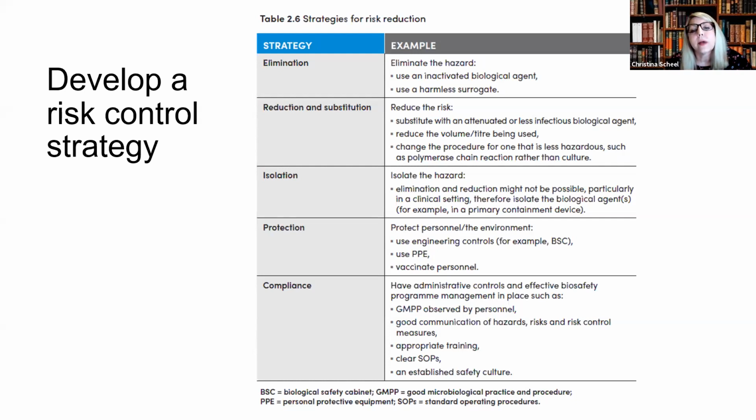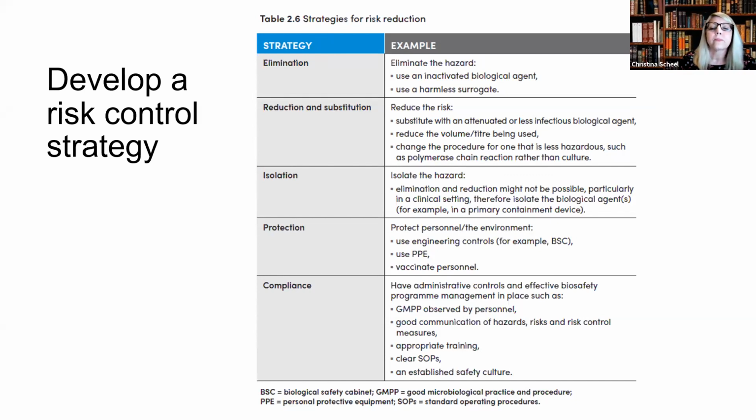But one way to do that is to use an inactivated biological agent instead of a dangerous one, or a harmless surrogate. Reduction and substitution would reduce the risk by using, if it were viral, an attenuated or less infectious strain or a less infectious biological agent. You can reduce volumes and titers, as we mentioned before.